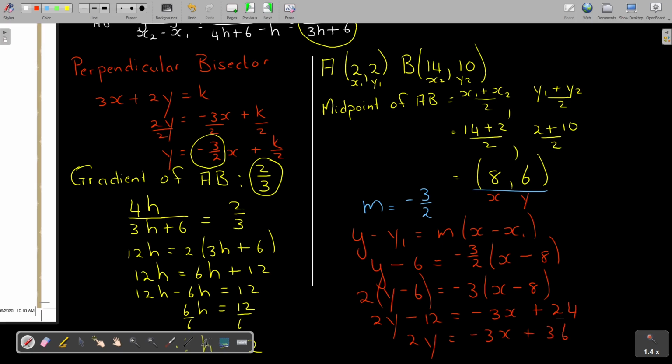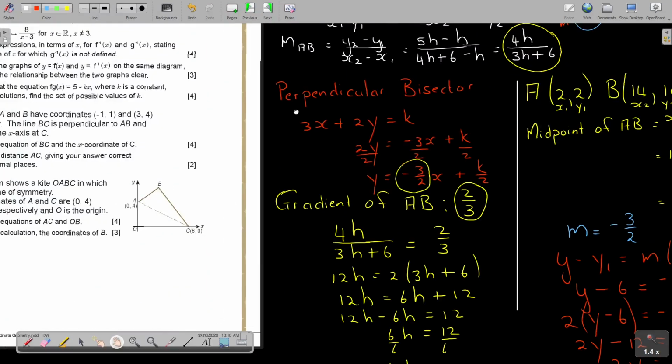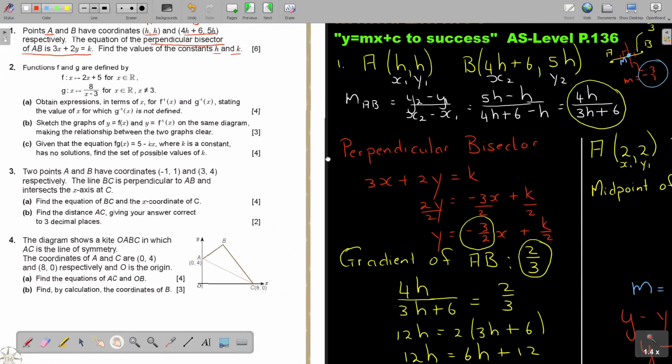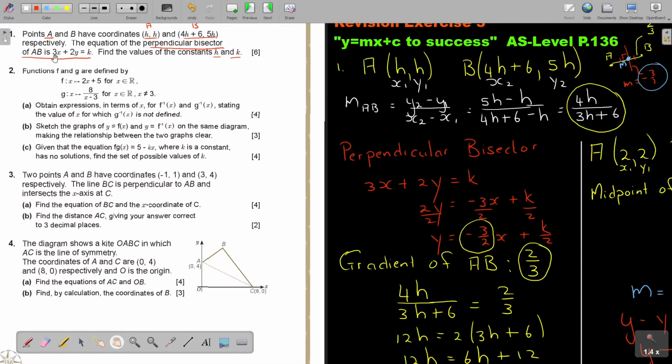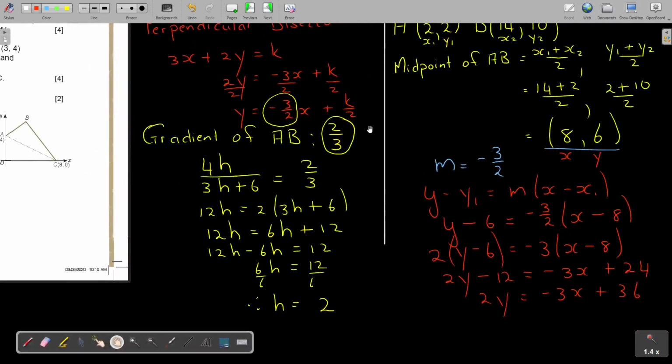I just want you to go back to the question. Before, don't just go and divide by 2 on both sides. Go back to the question. Do you see it was 3x plus 2y equals k? It was actually standing there also. That's very good. Focus there. So let's get it in that format.